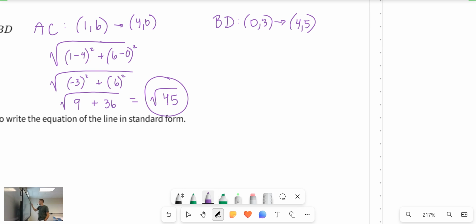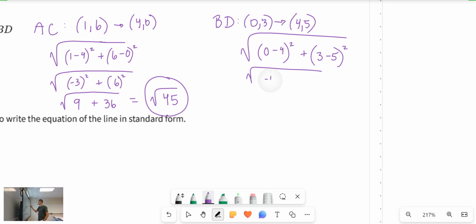Now let's look at BD. Start with 0 minus 4 squared plus 3 minus 5 squared. 0 minus 4 is negative 4 squared plus 3 minus 5 is negative 2 squared.